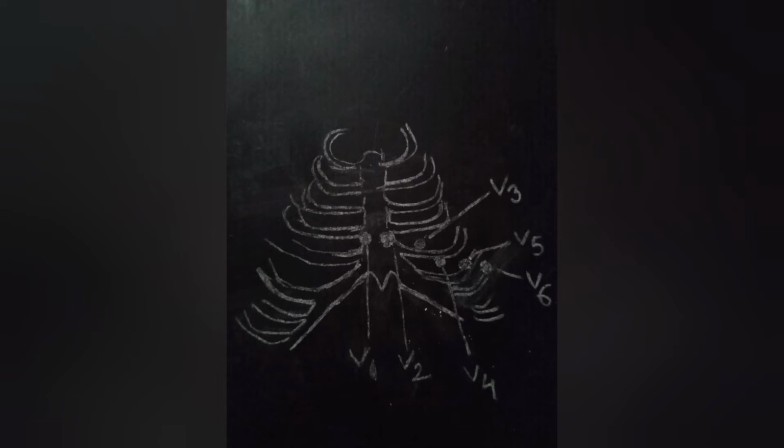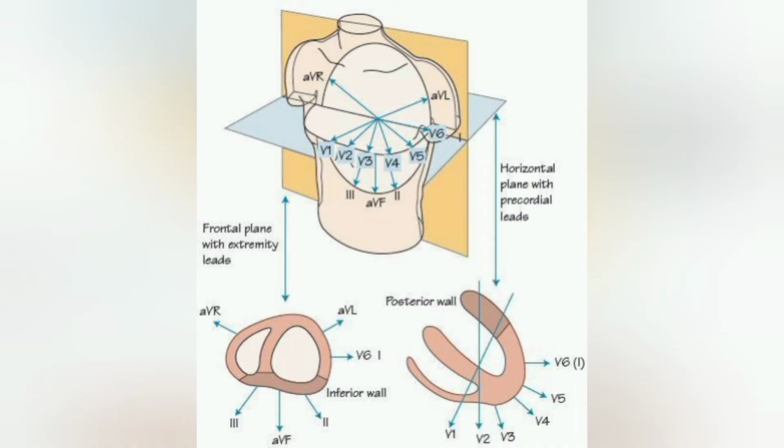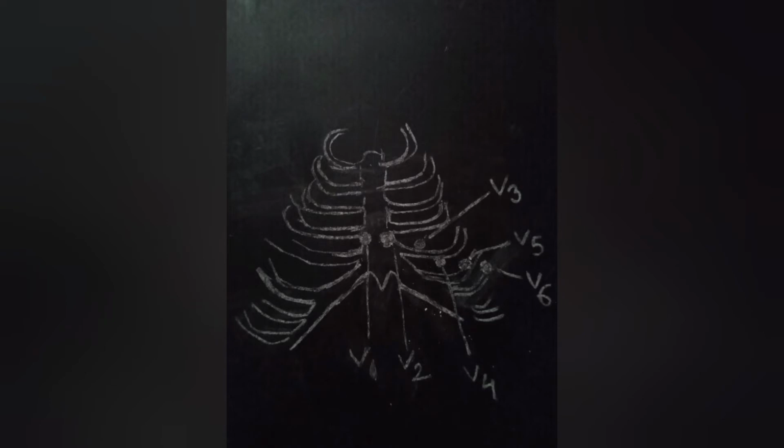The limb leads look at the heart in the vertical plane, whereas the chest leads look at the heart in the horizontal plane. Chest leads are attached this way: V1 and V2 are at either side of the sternum on the fourth rib, V4 on the apex of the heart, V3 halfway between V4 and V2, and V5 and V6 are horizontally lateral from V4.